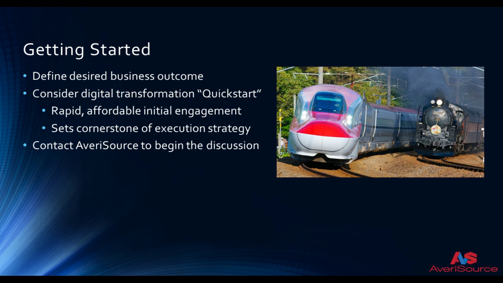Depending upon your budget and how quickly you want to get started, you may pick a couple business capabilities or a single business capability or a set of APIs that you'd like to realize that may be within a couple 100,000 lines of code, so we consider that a quick start kind of program where we're looking to get defined benefits that can be demonstrated and shown to a community to get broader buy-in of the digital transformation journey, within a 3 to 4 month period of time. And that kind of sets the cornerstone of the execution strategy.